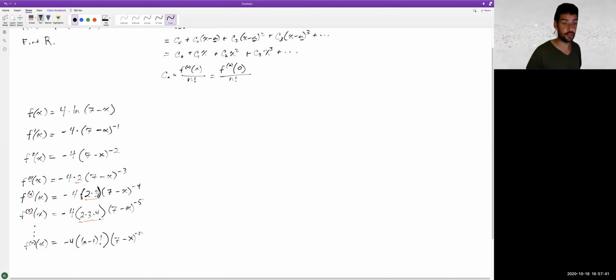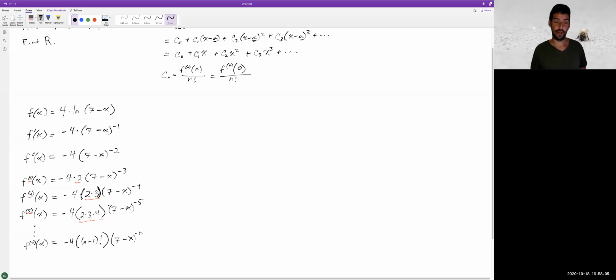Oh, and this also explains why I wasn't multiplying these out. This is a lot easier to see. If I had 2 and then 6 and then 24, I might not recognize that. Especially if I multiplied by the negative 4, I'd have negative 8, negative 48, negative 96, right? I'm not going to recognize that there's a little factorial sitting in there.